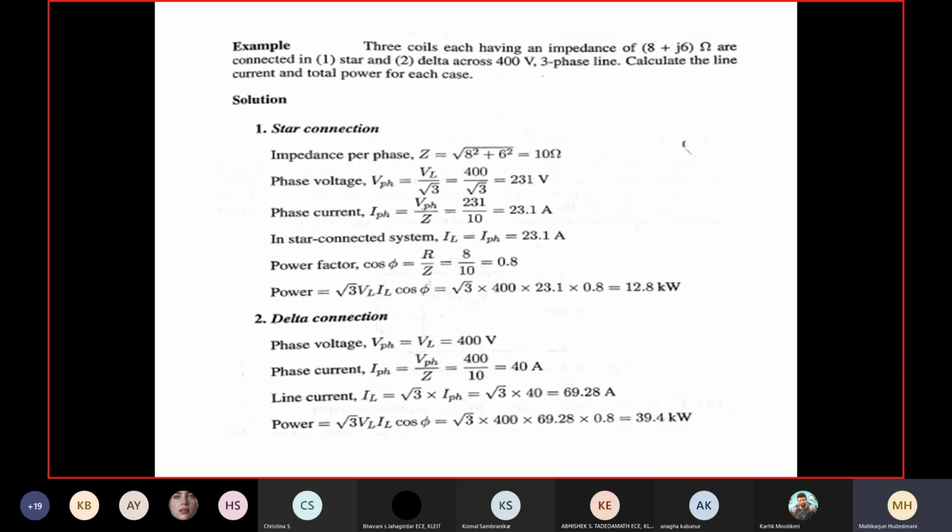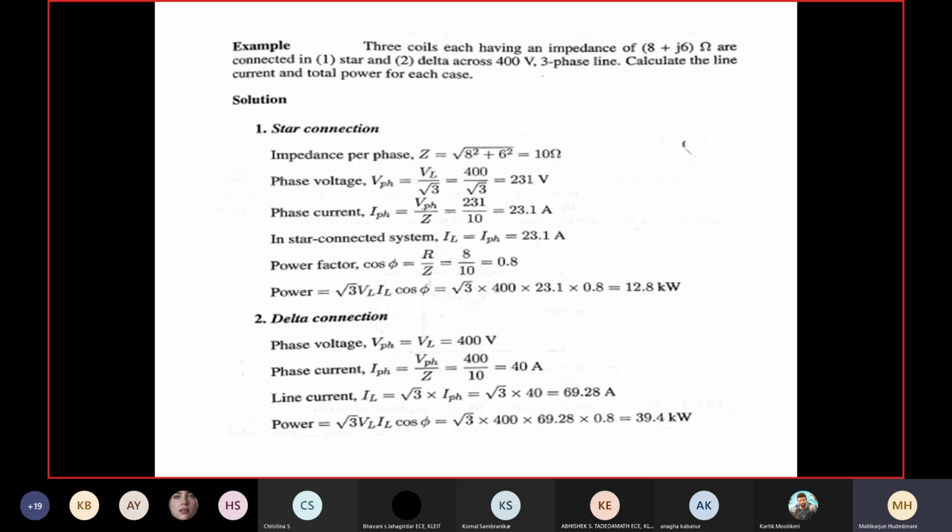No doubt, in star connection, line current is the same as phase current, which is 23.1. Then power factor of the circuit is R by Z, which is 8 divided by 10, works out as 0.8. Therefore, you are in a position to write the total power consumed by impedance 8 plus J6 ohm per phase in star connection.